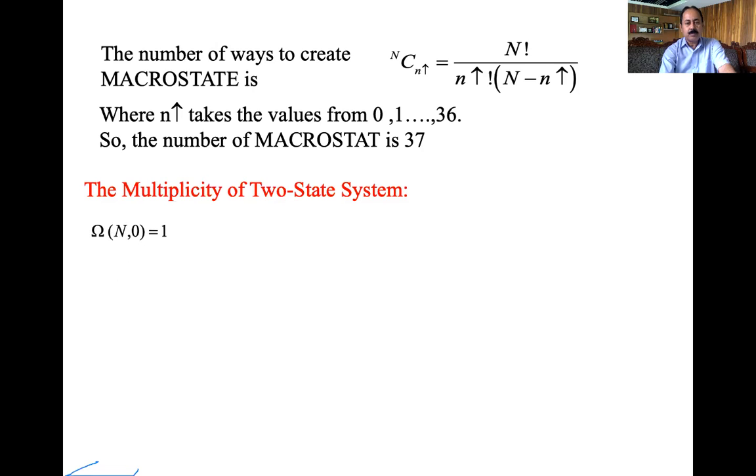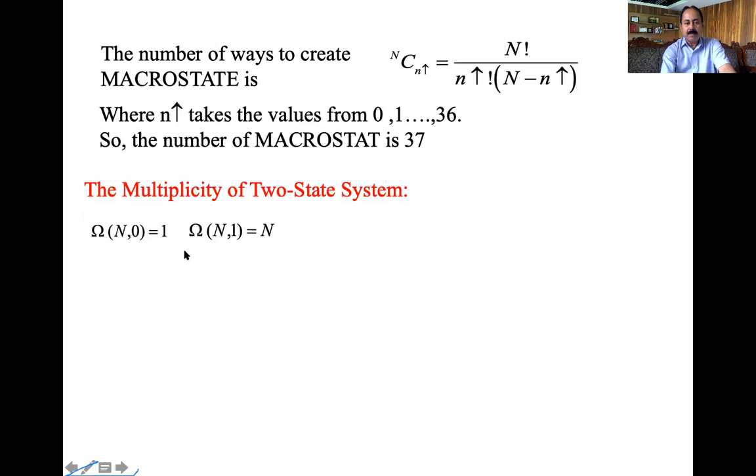Similarly, for example, the N1 macrostate. For the N1 macrostate, how many microstates are there? It means only one spin will be up. So the number of microstates will be N, the total number.